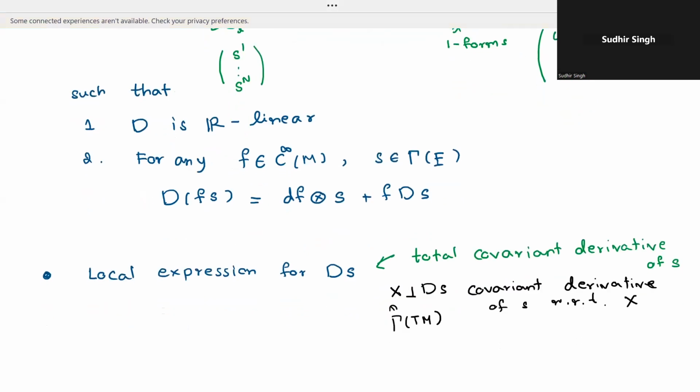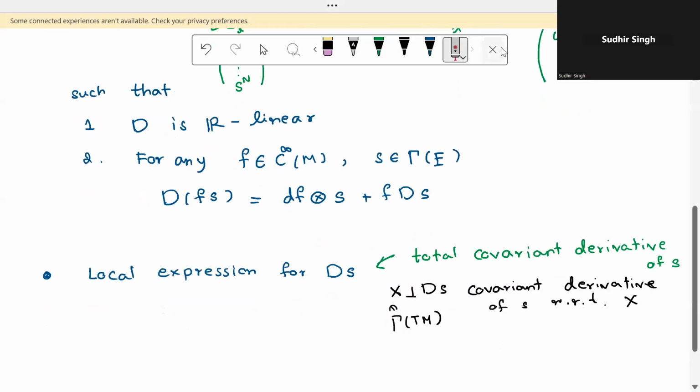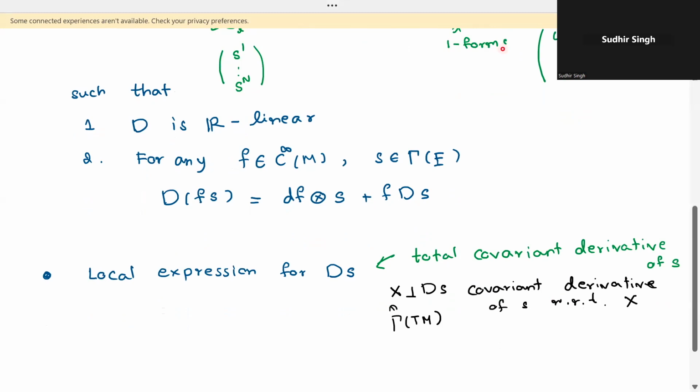In this form of the covariant derivative with respect to a vector field, it's clear that the connection is a way that we can differentiate sections of vector bundles. It measures how a section changes along the direction of the vector field X. The total derivative contains the information of the derivative in all directions.